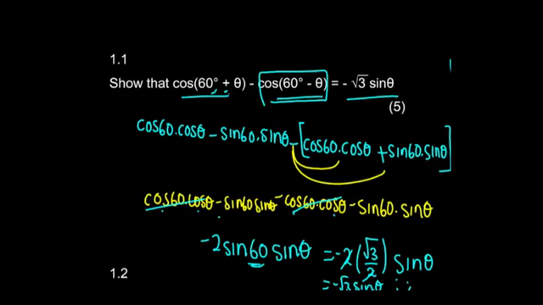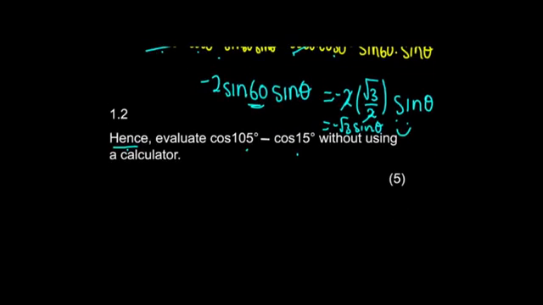We've shown that cos of 60 plus an angle minus cos 60 minus an angle will give us minus root 3 sine theta. I need to get the 60 degrees involved here. I need to rewrite 105 and 15 by using 60 degrees. So cos of 105, if I want to now try and think of how do I introduce 60, well, 105 minus 60 is 45.